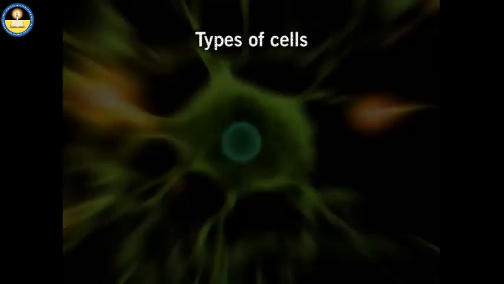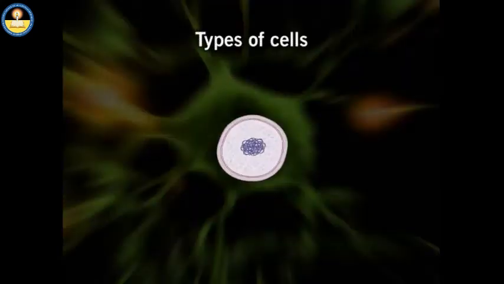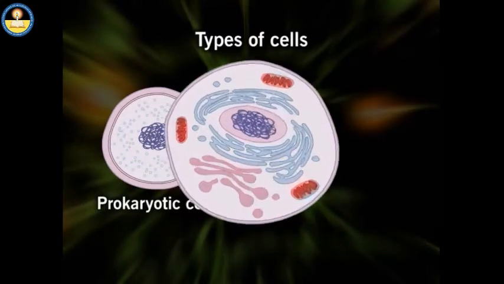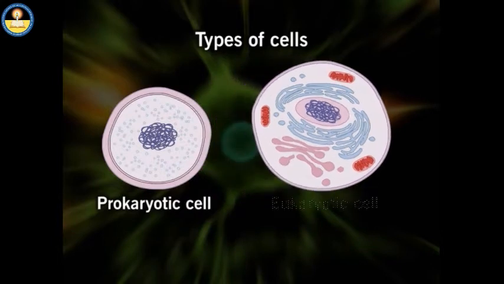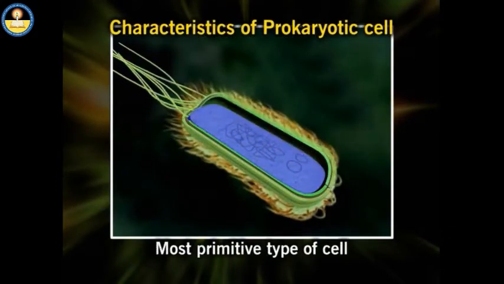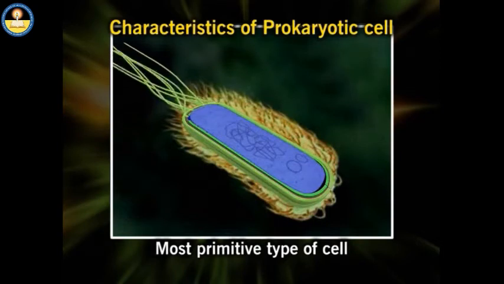There are two main types of cells: prokaryotic cell and eukaryotic cell. These two types of cells differ in many ways. Let us discuss some important differences between these two types of cells. Prokaryotic cell is the most primitive form of life found on the earth.